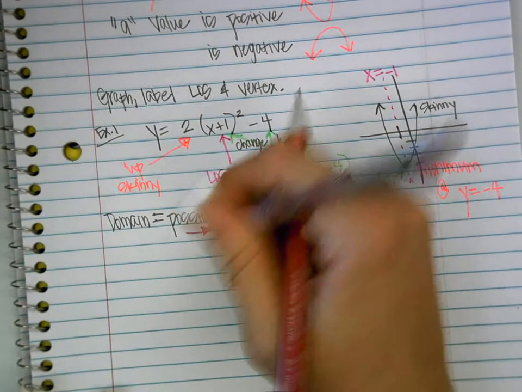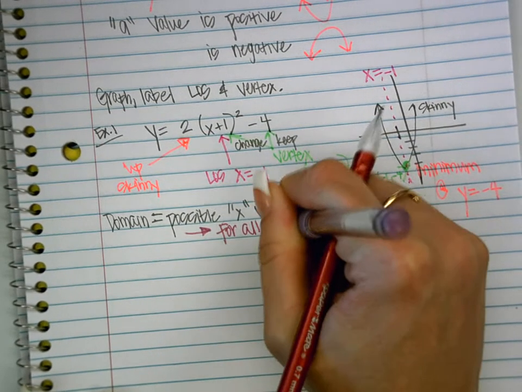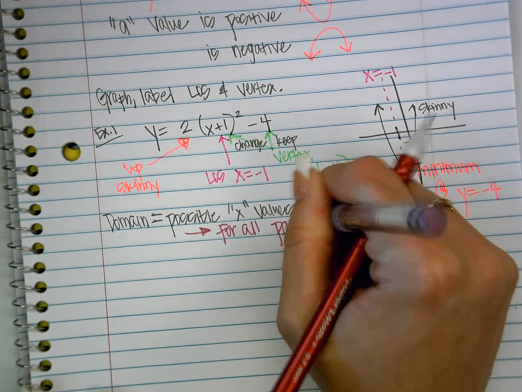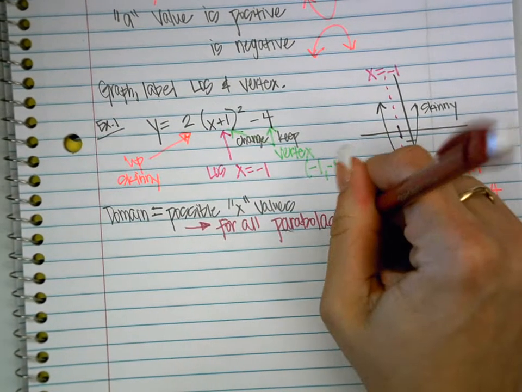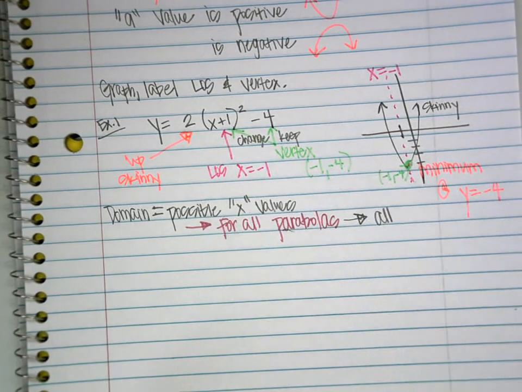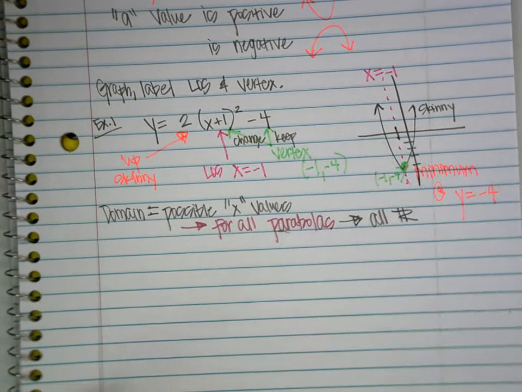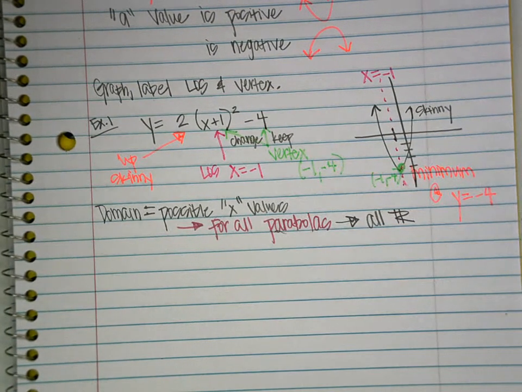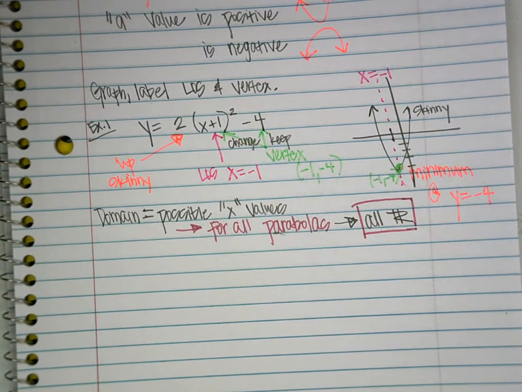Okay, so possible x values for all parabolas is going to be all real numbers. And the way you write real numbers is two parallel lines with an uppercase R. For every single parabola, your answer is going to be all real numbers for the domain.